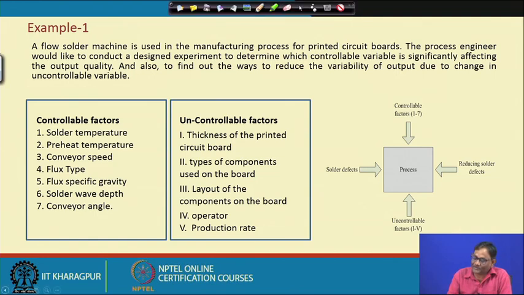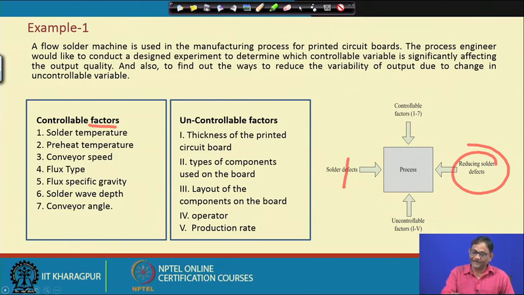Here I have made one mistake: I have written solder defect, which is not correct. The printed circuit board should have fewer soldering defects, that is the purpose. So, you want to control these factors in such a manner that the defects will be reduced or minimized.